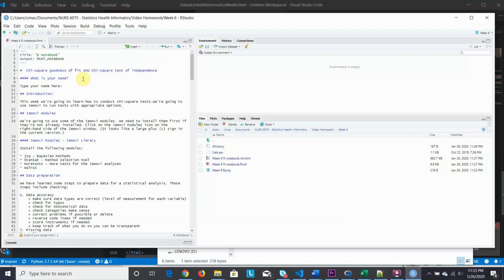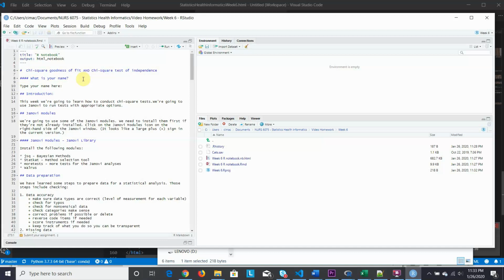This week, rather than have you run a bunch of different non-parametric tests, I am focusing on the chi-square goodness of fit and the chi-square test of independence, also known as the chi-square test of association. These chi-square tests were not the focus so much in the Field text, but I wanted you to see these two tests.